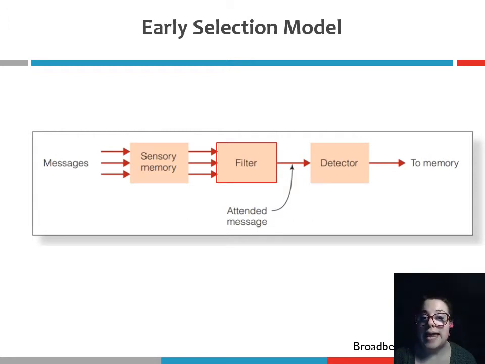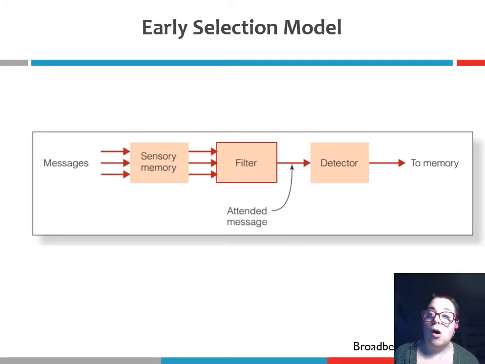So it's going to take in all incoming information, both that which is in the attended channel and the unattended channel, and hold it for a fraction of a second, okay? But keeping in mind that this is a limited capacity system that easily gets overloaded, okay?